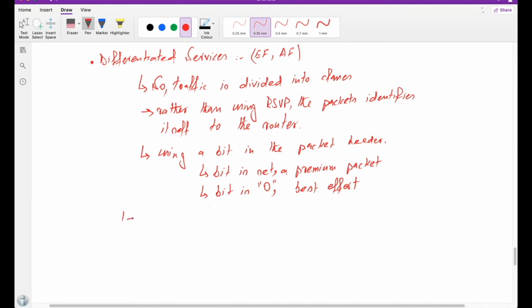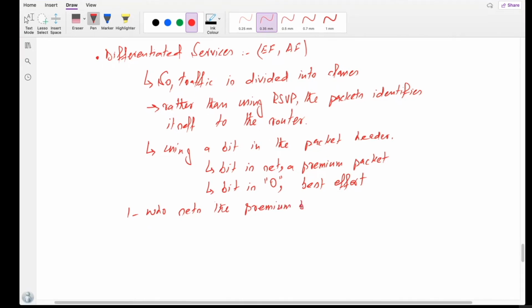Number one, who sets the premium bit, and under what conditions or circumstances?